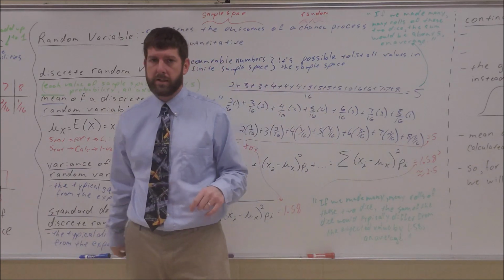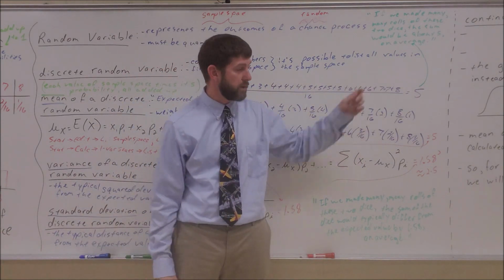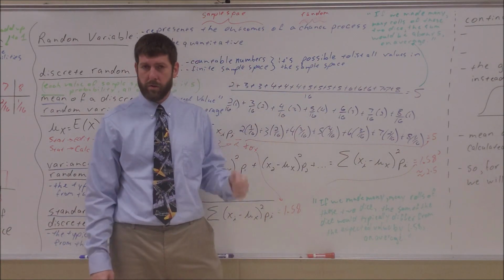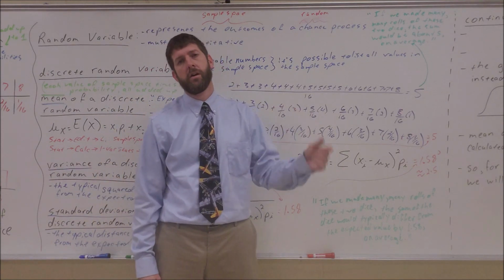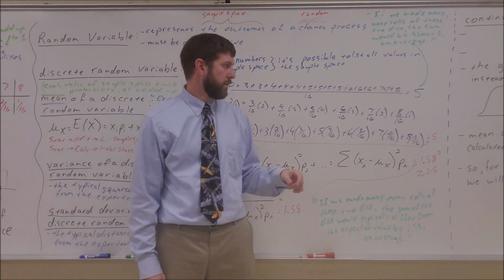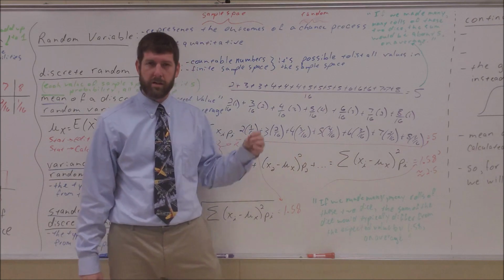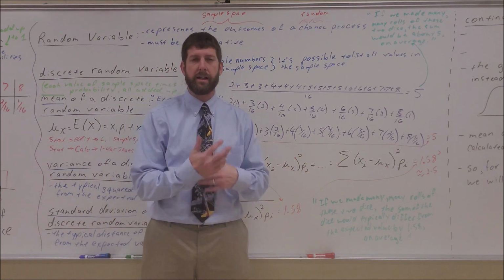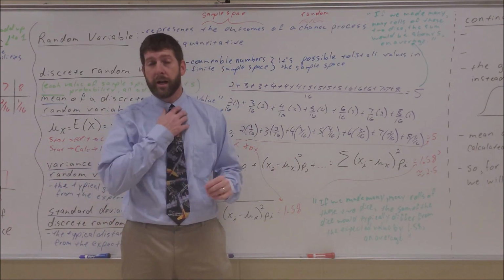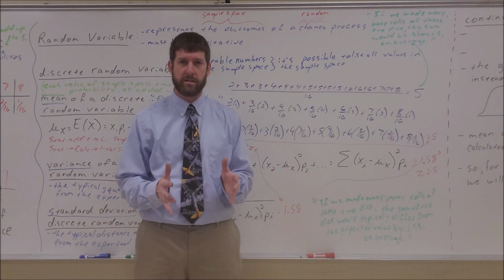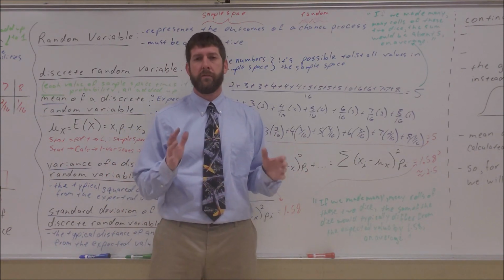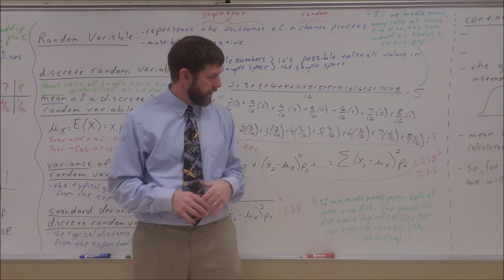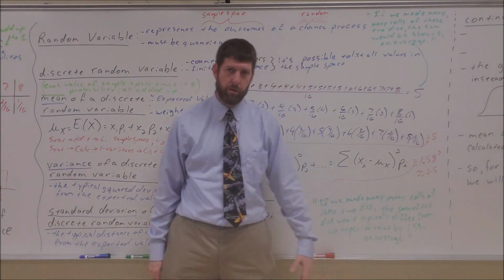So if I rolled the dice, recorded the sum, subtracted it from 5, rolled the dice, recorded the sum, subtracted it from 5, rolled the dice, recorded the sum, subtracted it from 5. If I did that hundreds of times, and I took all of those distances, like the absolute value of the differences, it would be pretty close to 1.58.